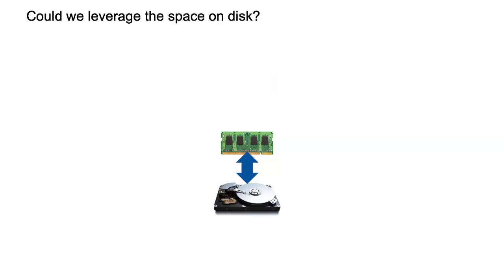What do we fit in the working memory? The disk is much larger. We have only 16 gigabytes of working memory, but we might have 1 or 2 terabytes of disk. So you might think, why do we care about the memory? Let's just work with the disk, just read and write from the disk. We have 2 terabytes, so we can fit much, much more on the disk.